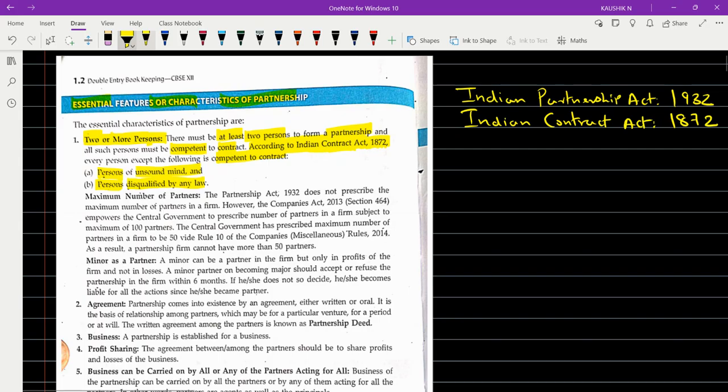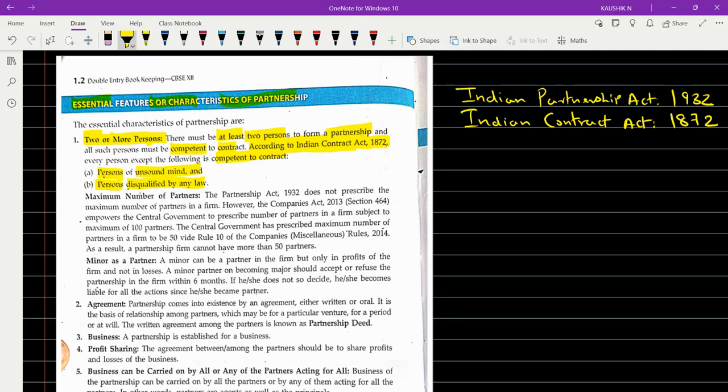That means if a person is a lunatic, mentally retarded, or a bankrupt, he comes under those disqualified by law. If he is a bankrupt, then the law will disqualify him. So these are the requirements as per the Indian Contract Act.